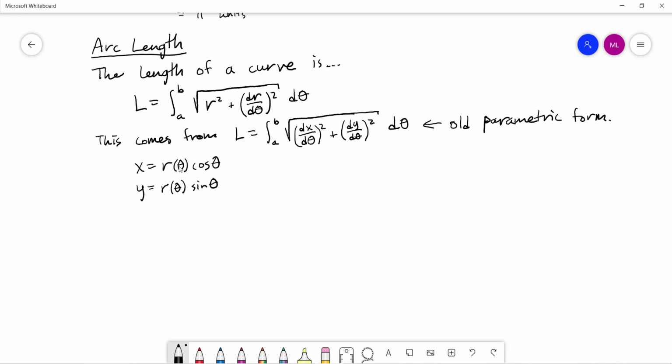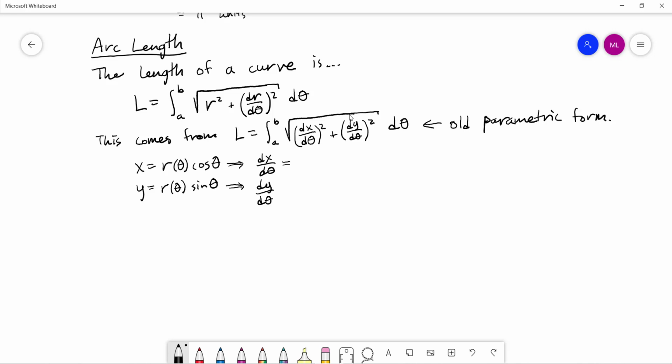The r itself is a function of theta, right? It's our f of theta, so to speak. So when we take these derivatives, dx d theta and dy d theta, and plug them into our old parametric form over here, we'll wind up with the answer that we're getting.